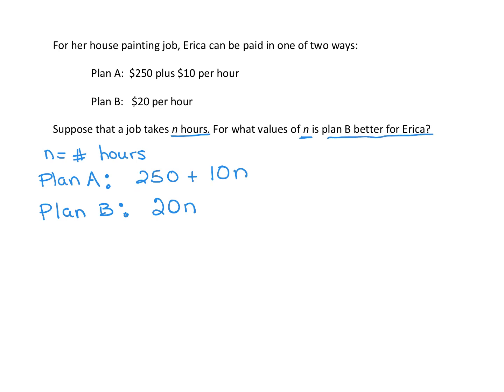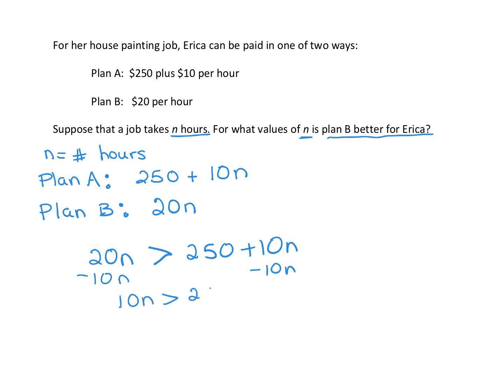In other words, when is 20N greater than 250 plus 10N? So we're going to subtract 10N, get 10N is greater than 250, and dividing by 10, N is greater than 25.